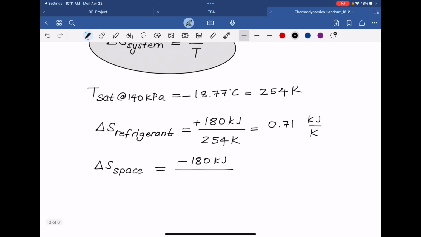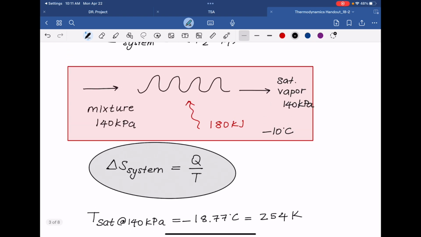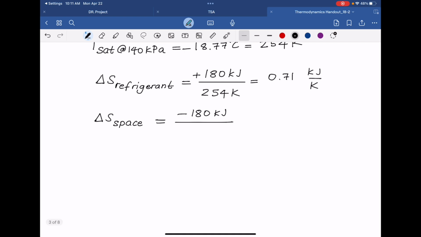Because even if the 180 kilojoule heat gets back to your freezer, it's still isothermal, it's still reversible, temperature stayed the same. Therefore, minus 10 degrees Celsius is converted to Kelvin too. It is normal that this is a negative value, and it has to be.